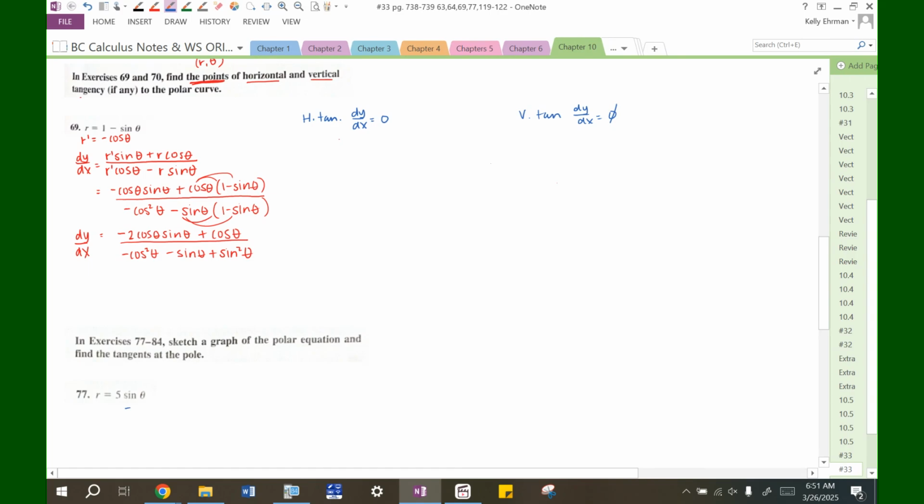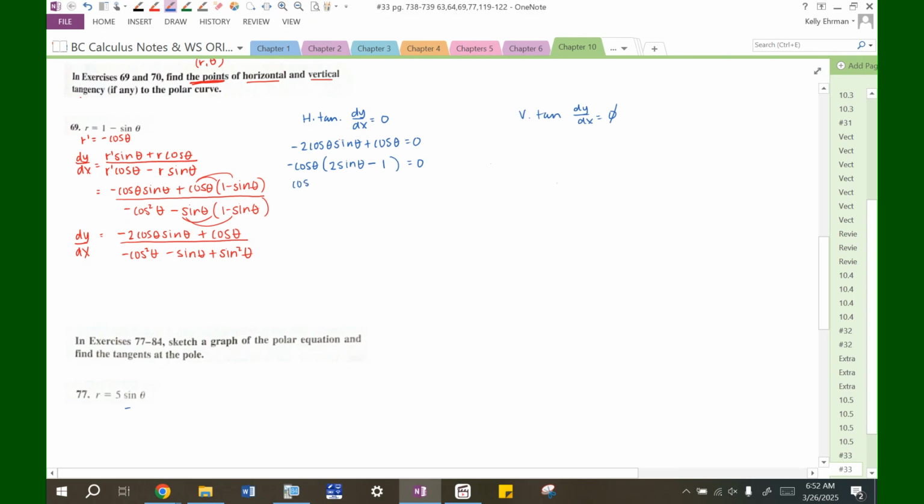All right, so if dy dx is equal to 0, it means this top part is equal to 0. Negative 2 cosine theta sine theta plus cosine theta equals 0. We need to solve this, so I would factor out either a negative or a positive cosine theta. If I take out the negative GCF, I get positive 2 sine theta minus 1 equals 0. So either way, it's not going to matter.